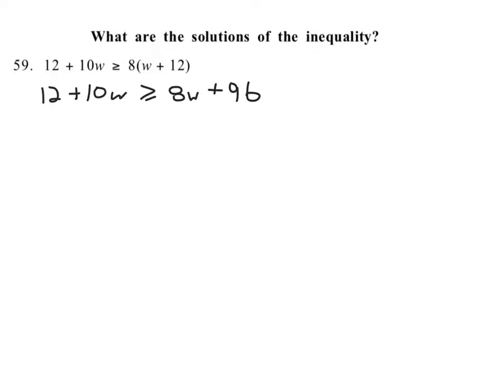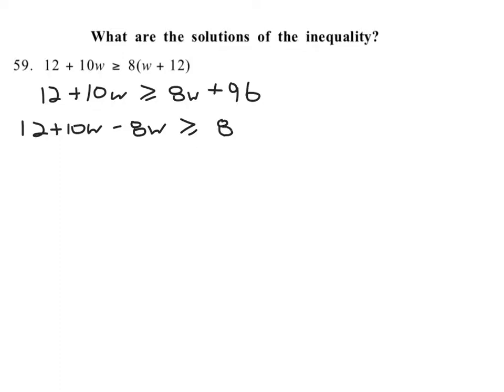So I'm going to subtract 8W from both sides. I'm going to say 12 plus 10W minus 8W. And notice that I'm not multiplying or dividing by a negative here. I'm just simply subtracting. That's different than multiply or divide. So we don't flip the inequality for that.